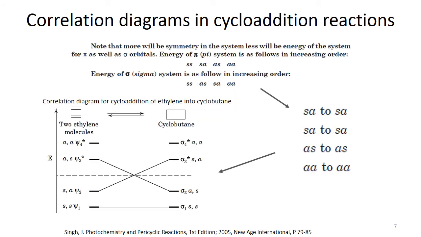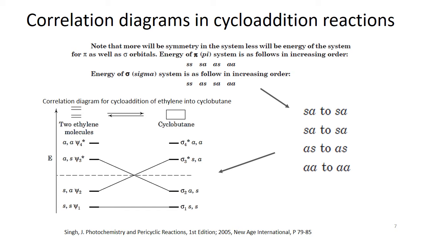Now if we draw the correlation diagram for the cycloaddition of ethylene molecules, we can place two ethylene molecules converting to cyclobutane and place the orbitals there, starting from sigma 1, sigma 2, sigma 3 star, and then sigma 4 star.